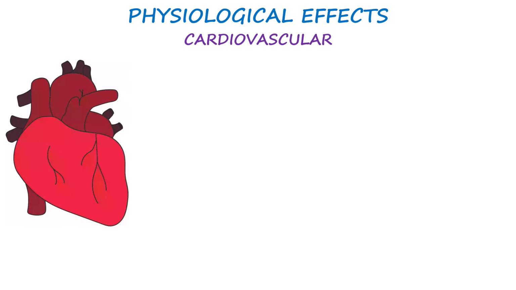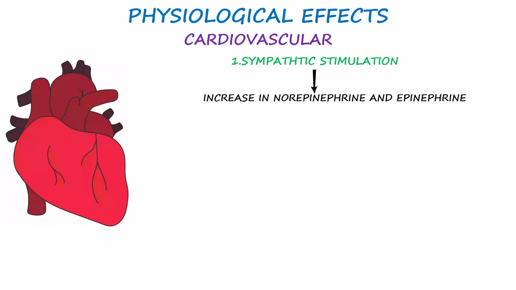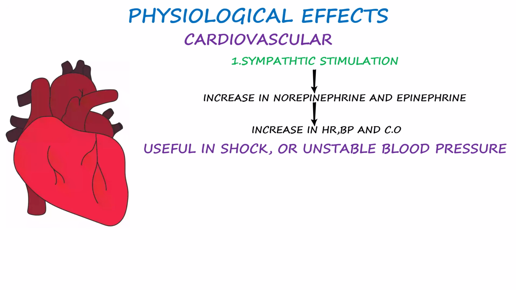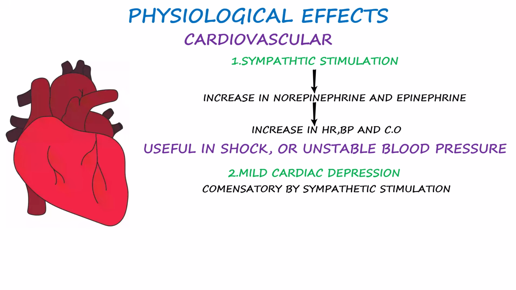Ketamine stimulates the sympathetic nervous system, causing the release of catecholamines like norepinephrine and epinephrine. This leads to increased heart rate, blood pressure, and cardiac output, making it useful in shock and hypovolemia. While ketamine has a direct myocardial depressant effect, this is usually masked by the stronger indirect stimulation.